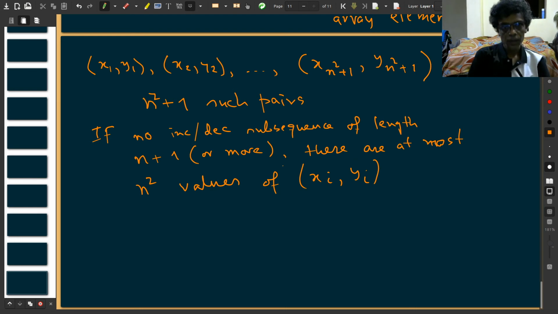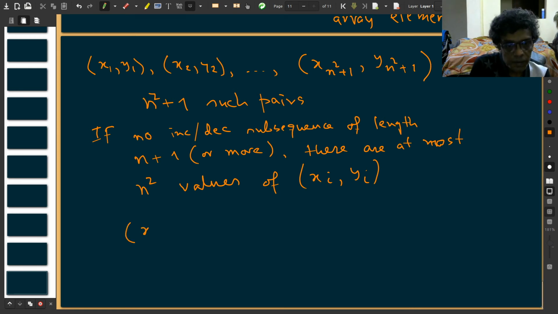Right? Xi can be anything between 1 to n, yi can be anything between 1 to n, so n square possibilities are there. But I have n square plus 1 such pairs. Therefore, there must be a repetition, that is xi, yi equal to xj, yj.